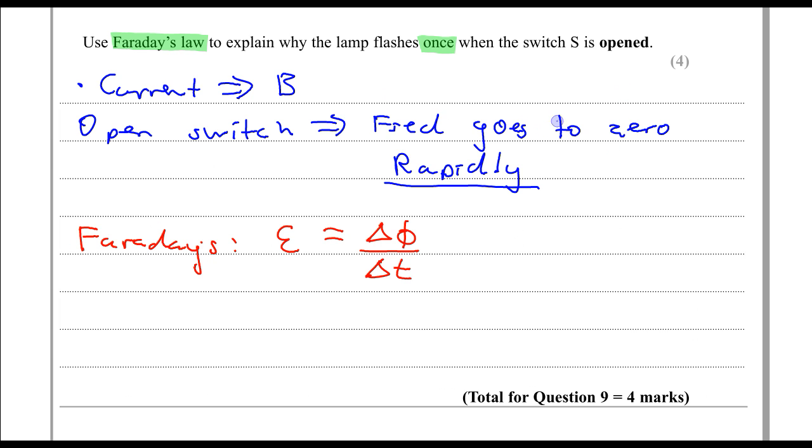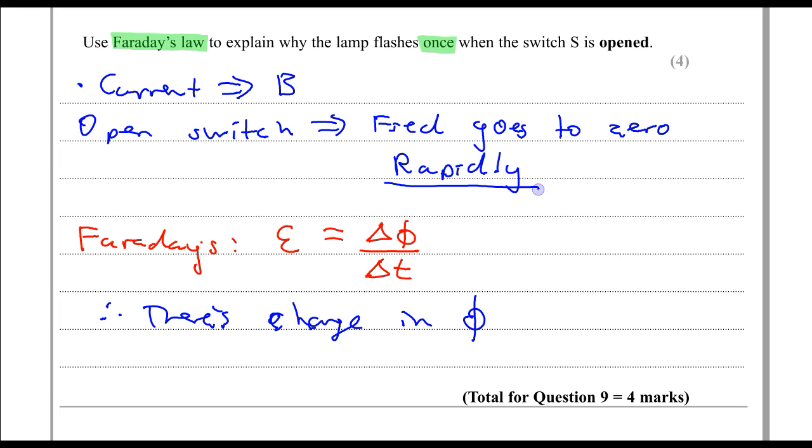The magnetic field around the coil going to zero gives us a change in the magnetic flux linkage. So there is a change in phi.